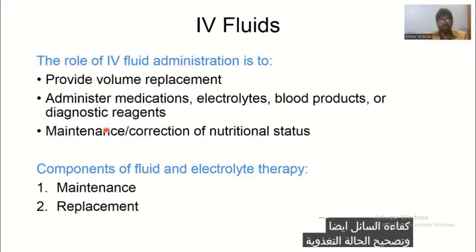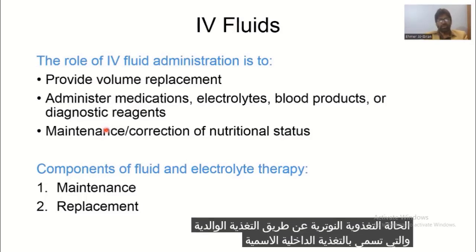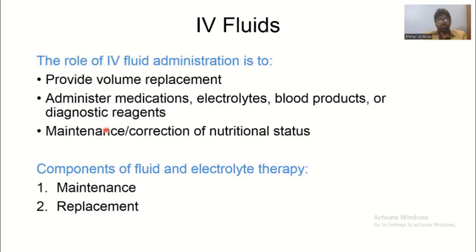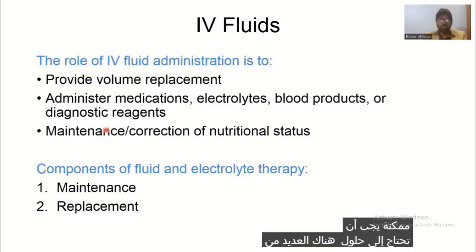And the correction of nutritional status. Correction of nutritional status through parenteral nutrition, that is called as parenteral nutrition. When enteral nutrition, the nutrition by mouth, is not possible, you must need solutions.